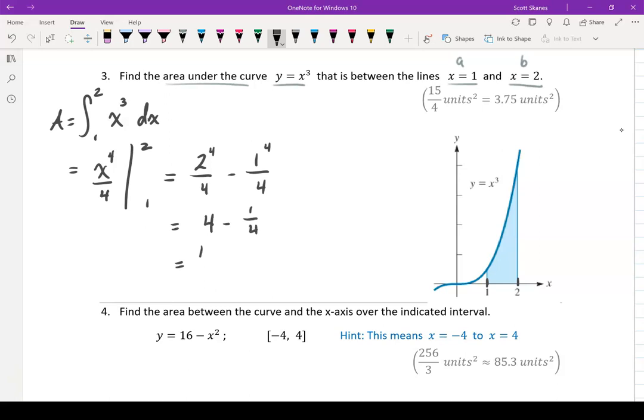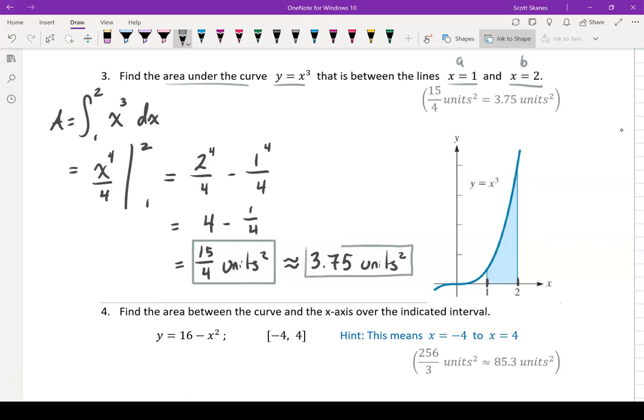And if you work that out, it's 15 over 4 as an exact answer, 15 over 4 units squared. So that would be a perfectly fine answer. And if you wanted to do it as a decimal, it should give 3.75 units squared. Also a perfectly fine answer. Not much to say about that.